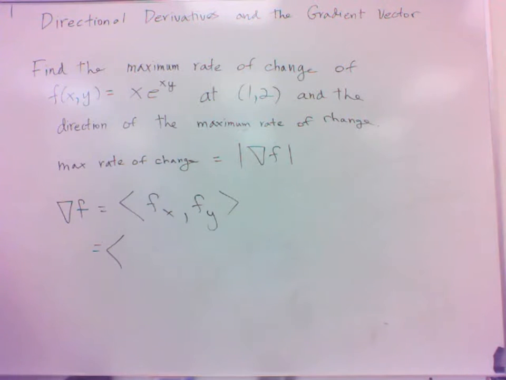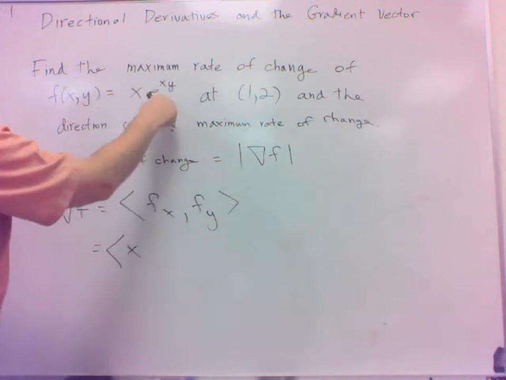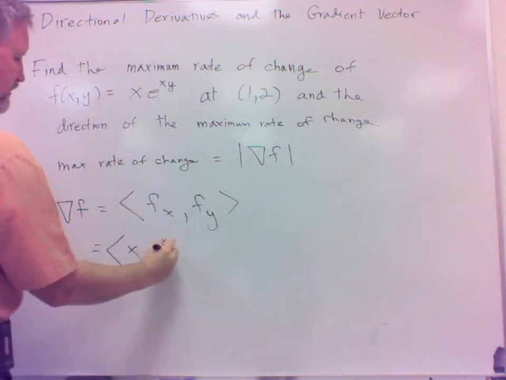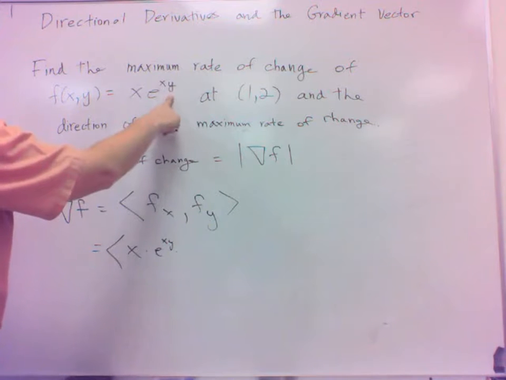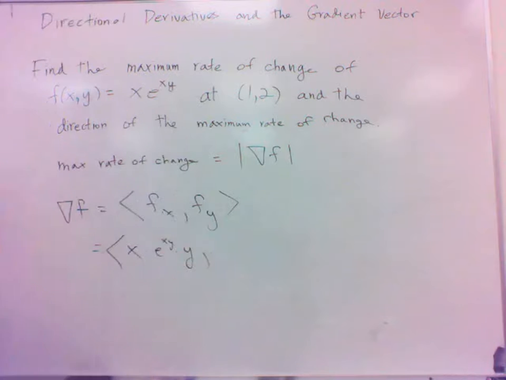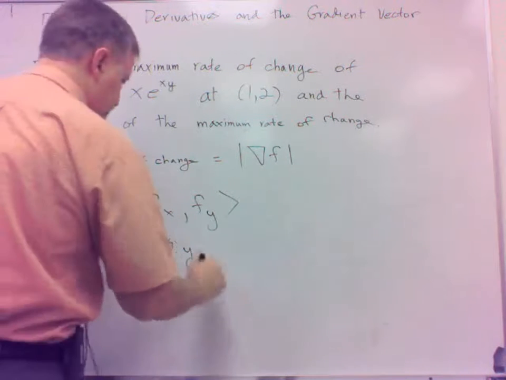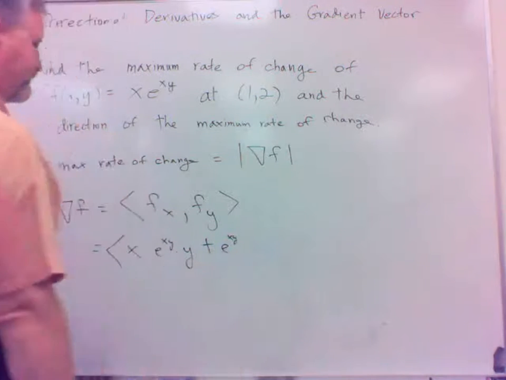First times the derivative of the second: e to the xy times the derivative of the power with respect to x, which is y, plus e to the xy times the derivative of x, which is 1.